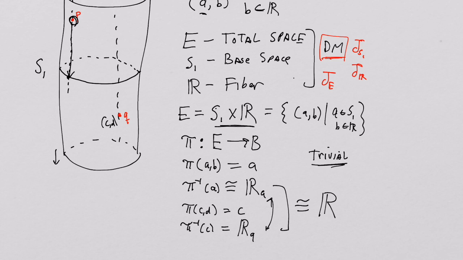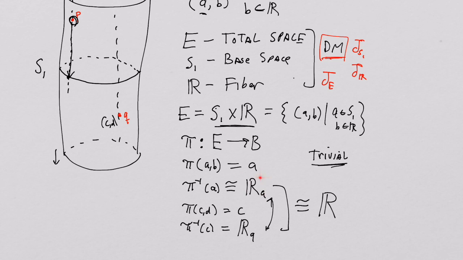It's called trivial because the entire total space is simply the Cartesian product of S1 and R, right? But what's important is that the pre-image of any point from the base space has to be a set that is diffeomorphic to what we're going to call the fiber, or the generic fiber.